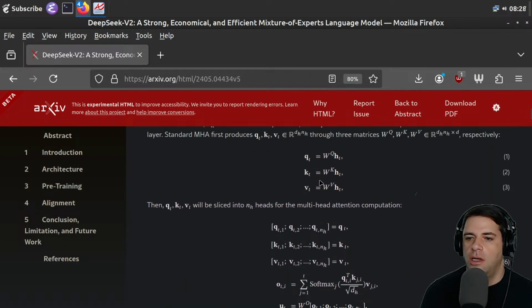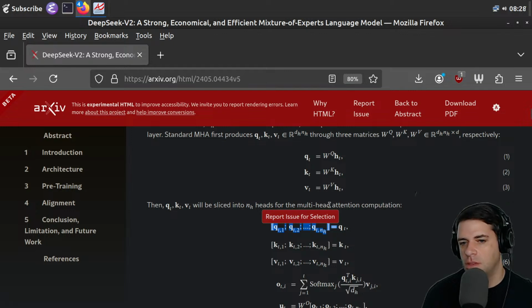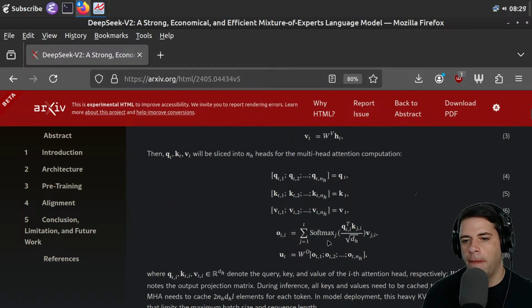And then the q_t that they get from applying this matrix, they split into sub vectors. It will be sliced into n_h heads. So these are the different attention heads, and the different heads essentially learn different things.